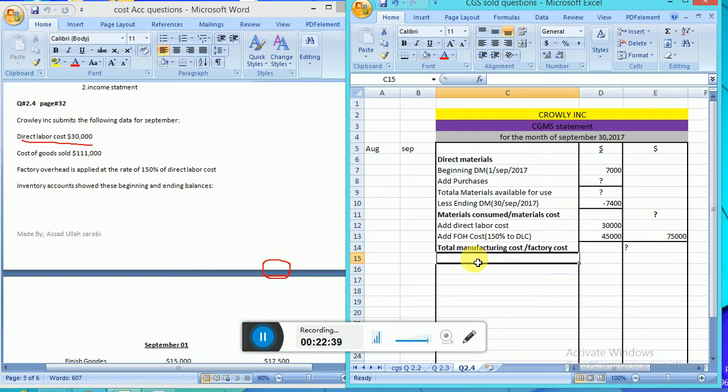Manufacturing means work in process, how much work in process we put in this month, but that is unknown. We still don't know how much work in process we put in the month of September.